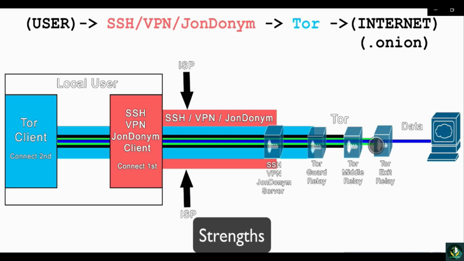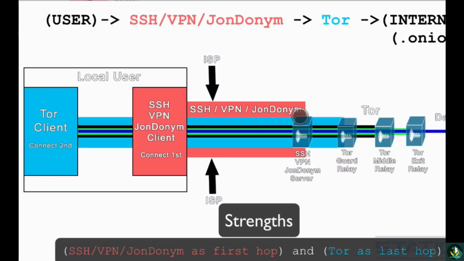SSH, VPN, John Doe nym server create an extra layer for the incoming attack. Then the layer goes next, like the Tor guard relay and Tor middle relay, and finally the layer is stopped by the Tor exit relay.